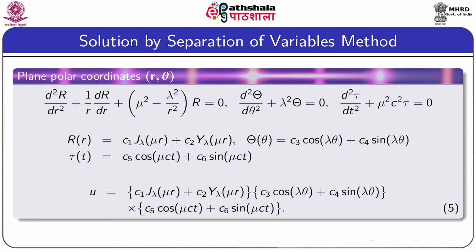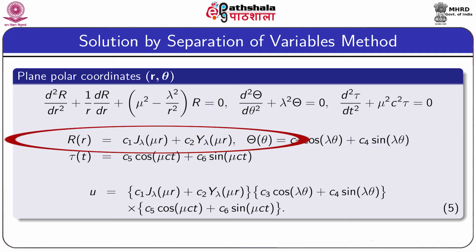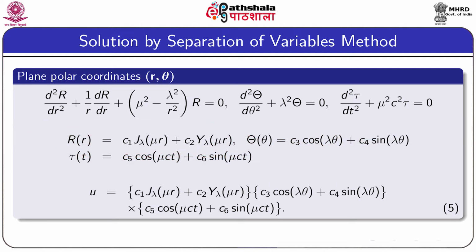Now, if we see the R equation, this is Bessel equation of order lambda. So, the solution for R can be written as capital R is equal to C1 J_lambda(mu r) plus C2 Y_lambda(mu r), where J_lambda and Y_lambda are Bessel functions of order lambda of the first kind and second kind respectively.